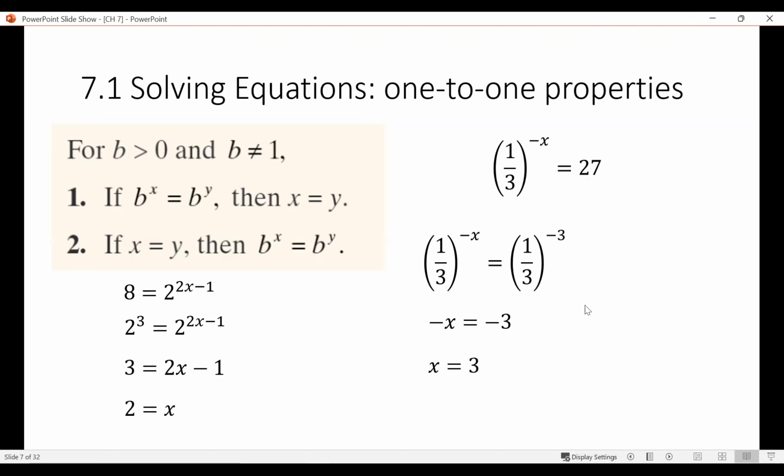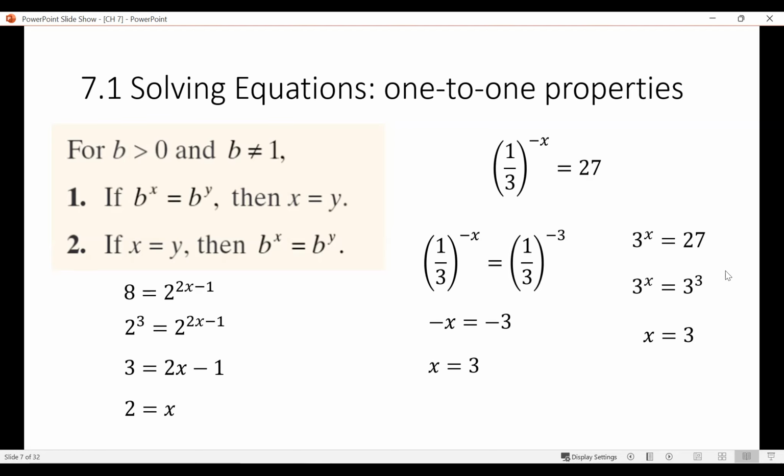So you can look at the 1/3 to the negative x and say, hey, I can rewrite this as 3 to the positive x, right? Remember how negative exponents work? It's the same thing as 3 to the positive x here. So if we rewrite that as 3 to the positive x, then we get that 3 to the positive x equals 27. And we know that 27 is 3 times 3 times 3. So we can rewrite 27 as 3 to the third.